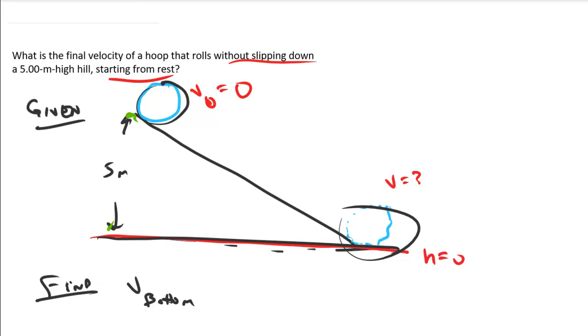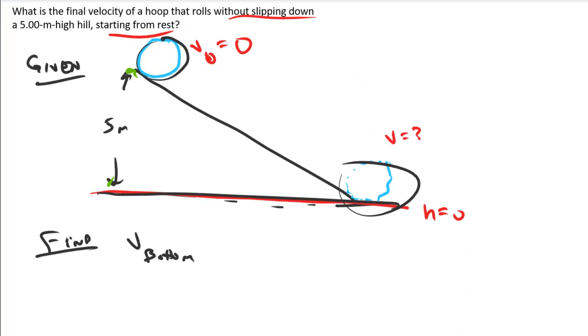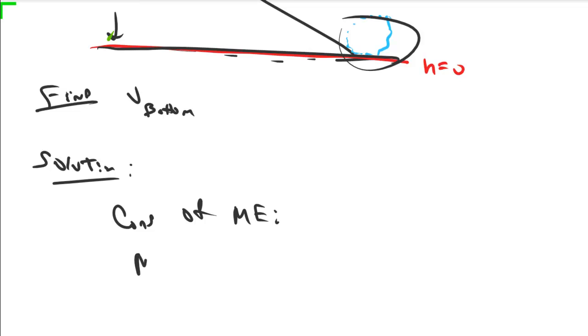And so we have only gravitational potential energy at the top, and then we'll have only kinetic energy at the bottom, right? And so using conservation of mechanical energy, we have here the mechanical energy at the top is equal to the mechanical energy at the bottom.